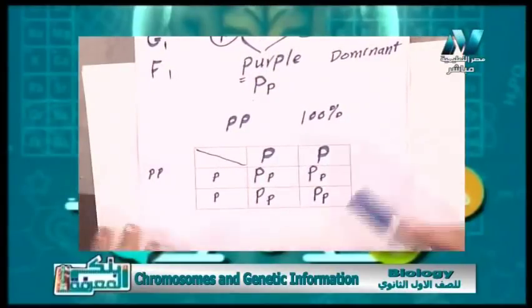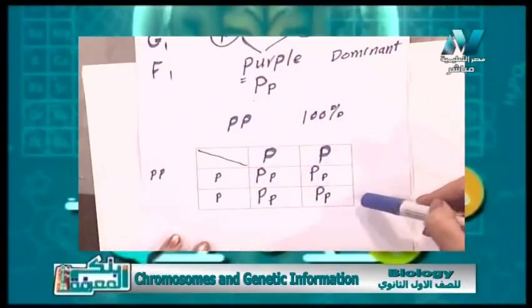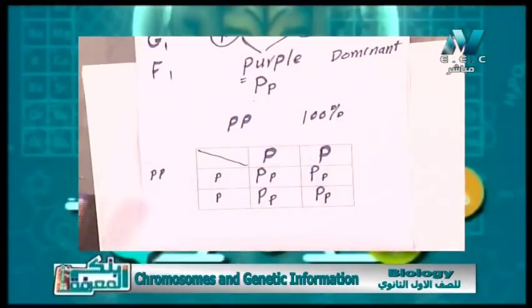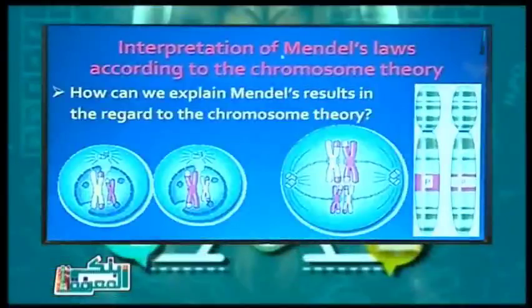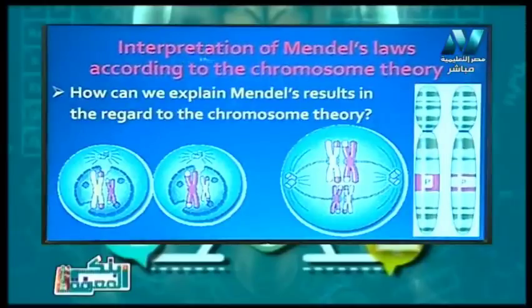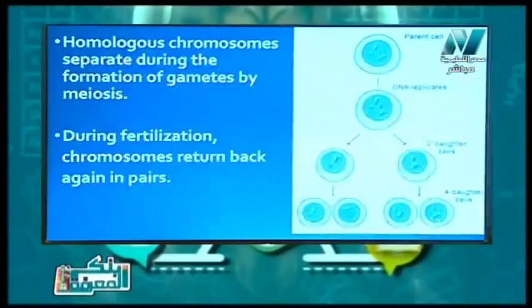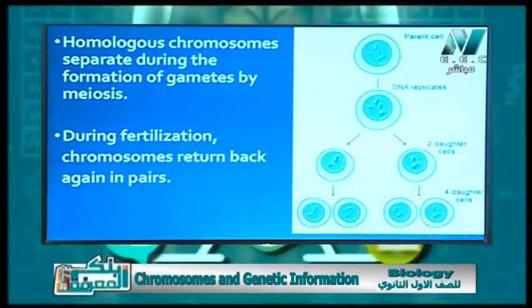Okay, so this is what we got from the first experiment that Mendel carried out. Interpretation of Mendel's laws according to the chromosomal theory. How can we explain Mendel's results in regard to the chromosomal theory? This is what we have said. During the gamete formation, the homologous chromosomes separate, like this picture.